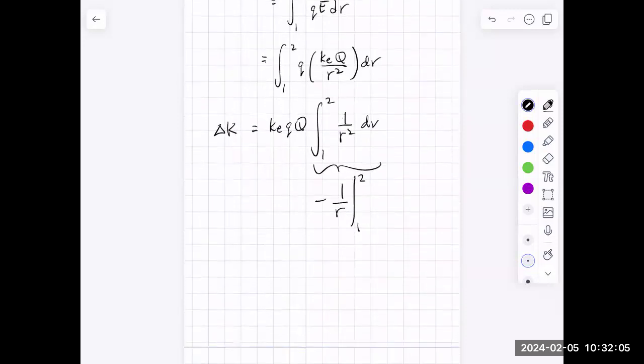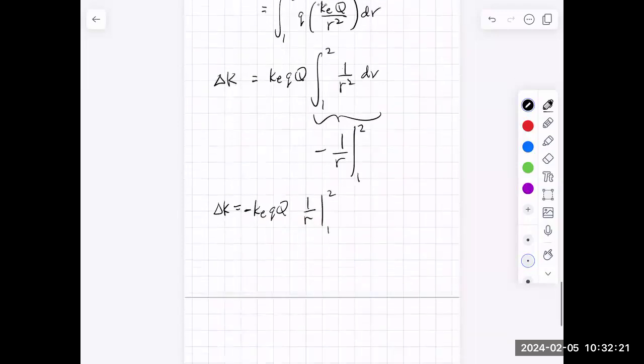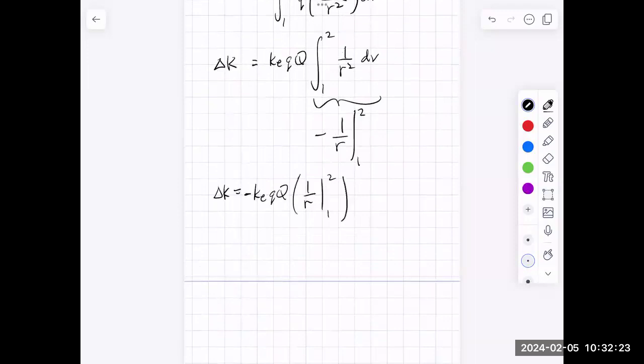So the change in kinetic energy is going to be equal to Coulomb's constant times the product of the charges, and then we'll put the minus sign over here. And then I have 1 over r from position 1 to position 2, which is minus Ke Q times Q, and then it's 1 over r2 minus 1 over r1.